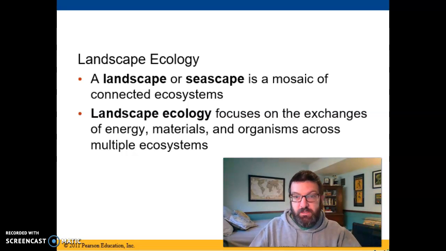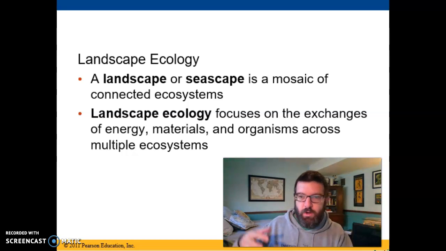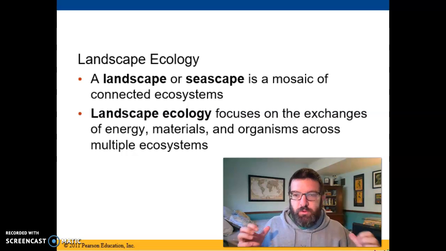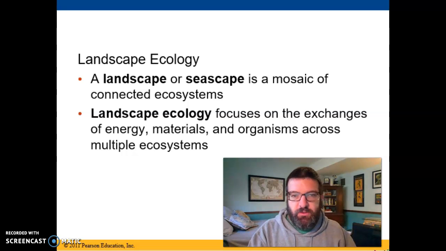Or where a river meets the ocean and you have freshwater and saltwater, or where a forest meets a prairie, where a desert meets sort of a wetter area, maybe with a mountain and a rain shadow, something like that. These are all examples of places where different ecosystems are going to butt up against each other and interact and affect one another, and this is called landscape ecology.